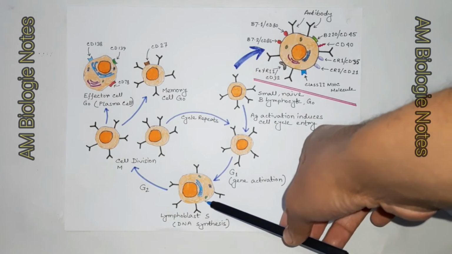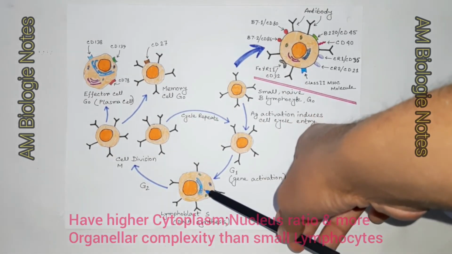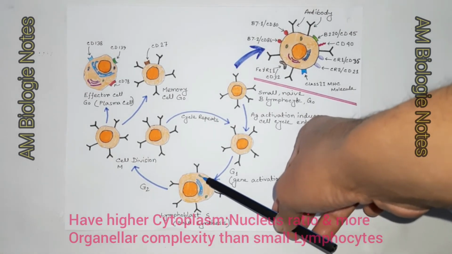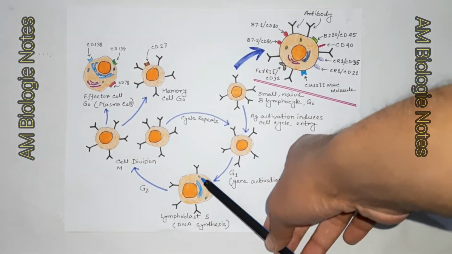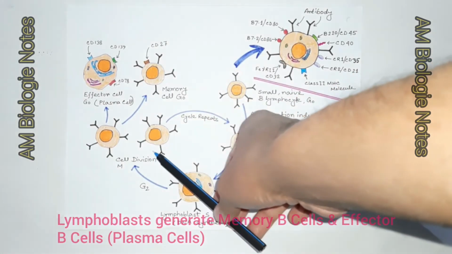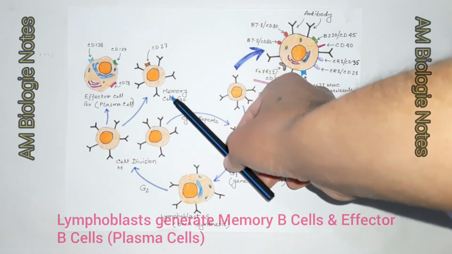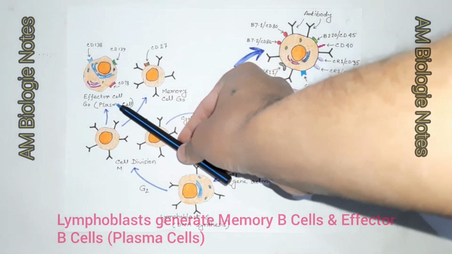The lymphoblasts have a higher cytoplasm nucleus ratio and more organellar complexity than small lymphocytes. The lymphoblasts undergo several rounds of cell division and eventually generate memory cells and effector cells known as plasma cells.